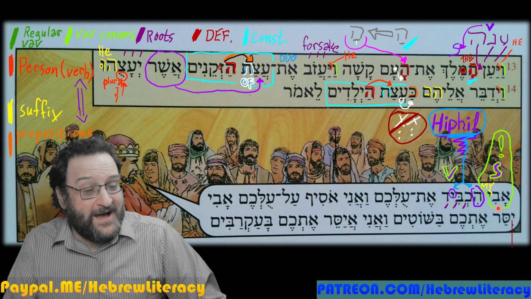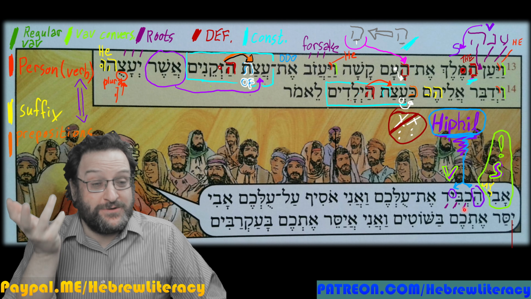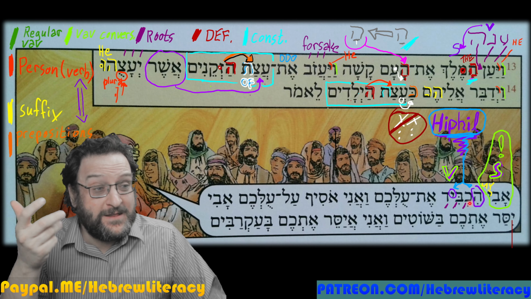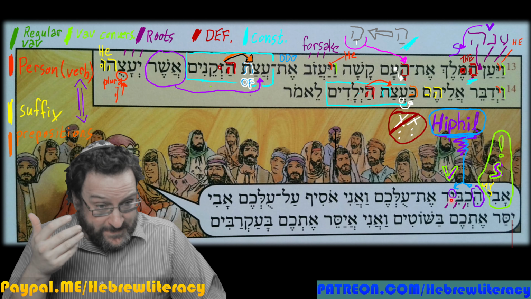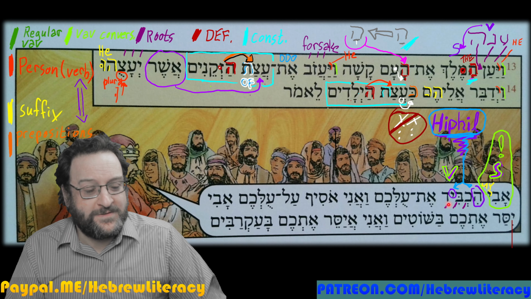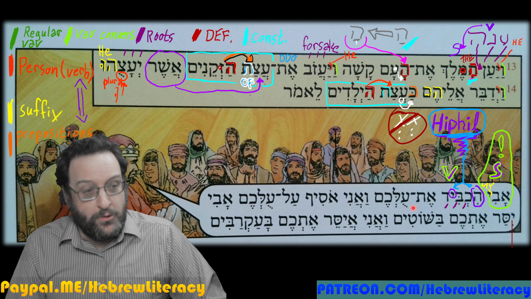My father, Avi, hichbid, made heavy, right? So kaved is to be heavy. Hichbid, those two little purple guys, that means to make whatever the verbal root is. Made heavy. Et, that's our DDO, don't need to translate it.